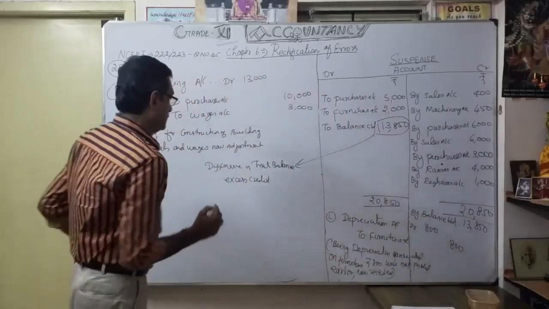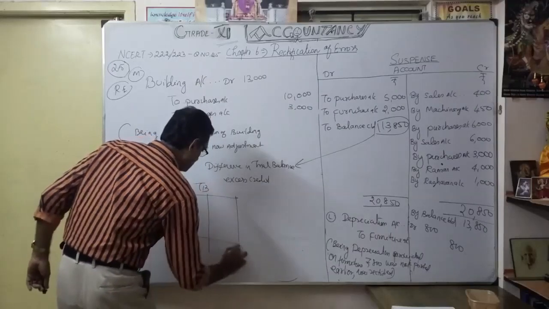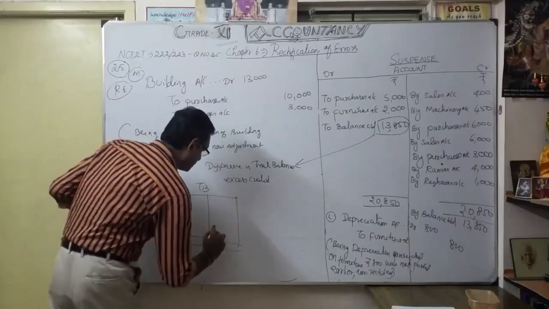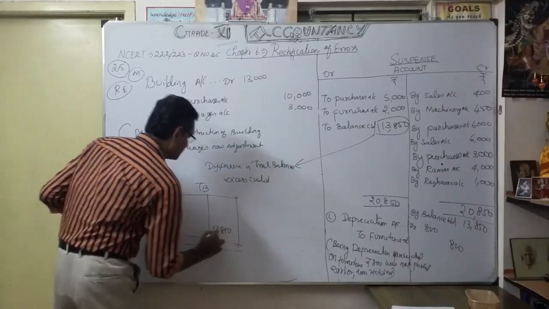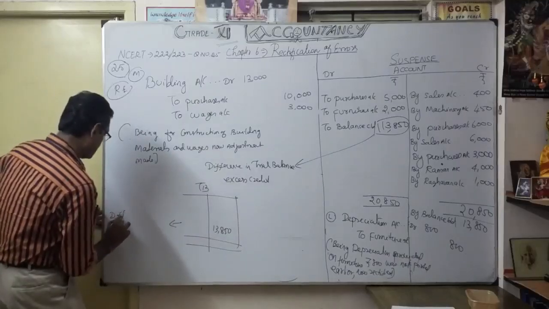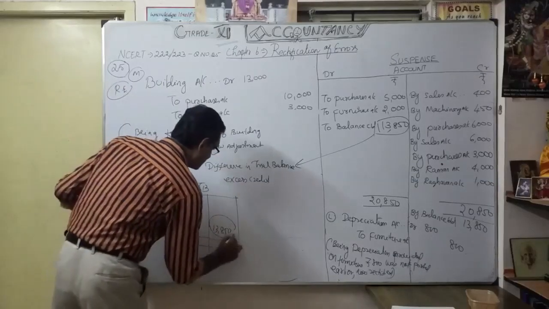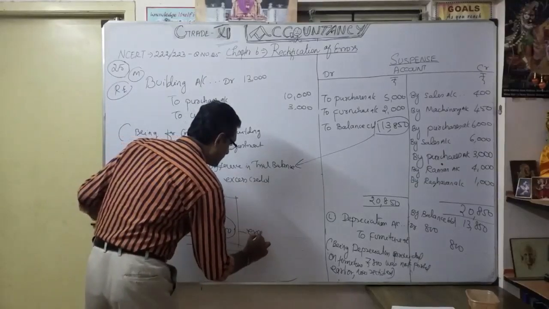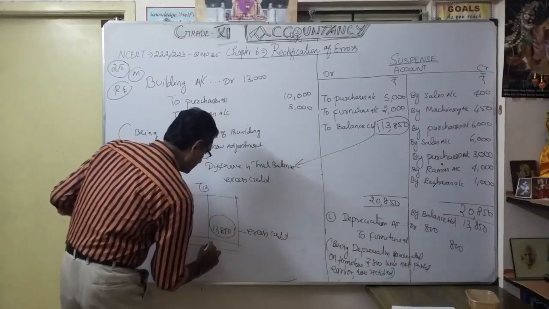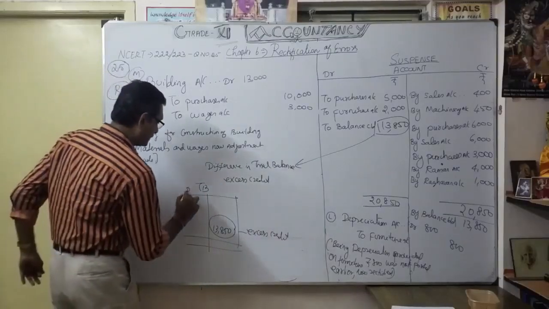When you prepare the trial balance, after preparation of the suspense account, whatever the total, the difference will make the credit side more. That is the difference in trial balance, 13,850 excess credit. That means the credit side is more than the debit side. That's the understanding. Now understood?